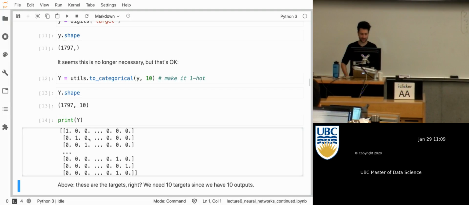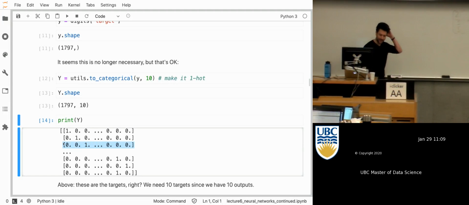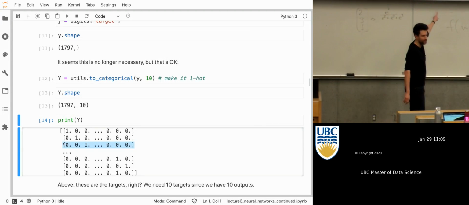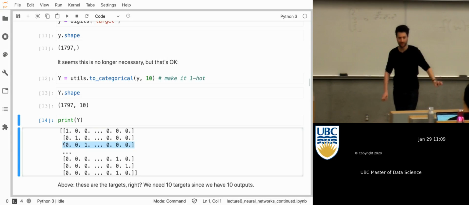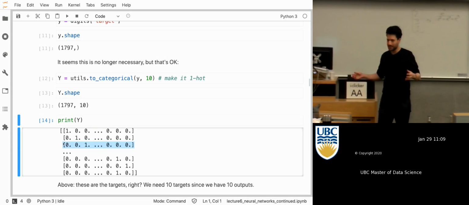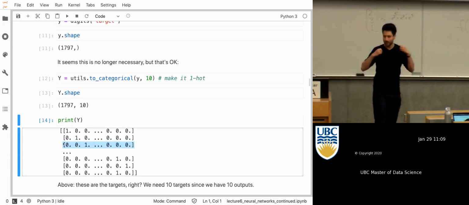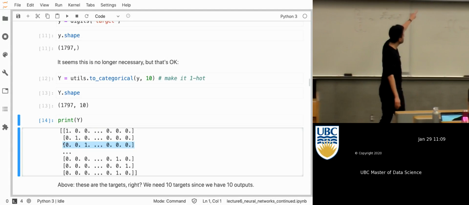But I think it's kind of nice, actually, because again, think about one of these rows. That row says the digit is a 2, because it's not a 0, it's not a 1, it is a 2, it's not a 3, it's not a 4. And indeed, it is useful for you to think about the loss as trying to get the probabilities coming out to look like that row.